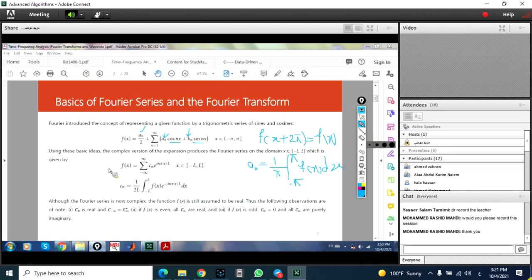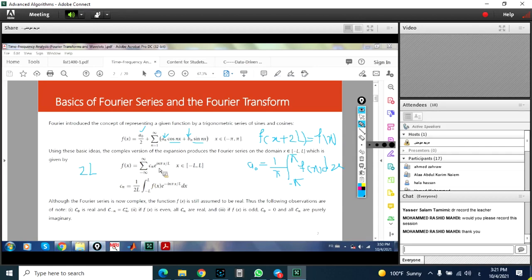In this way, again, we have some real representation of Fourier. Besides, we can represent the Fourier series in a complex version like this.